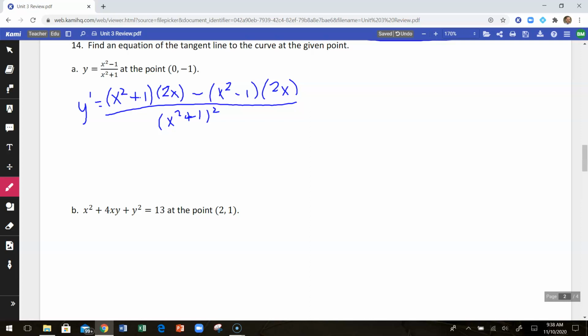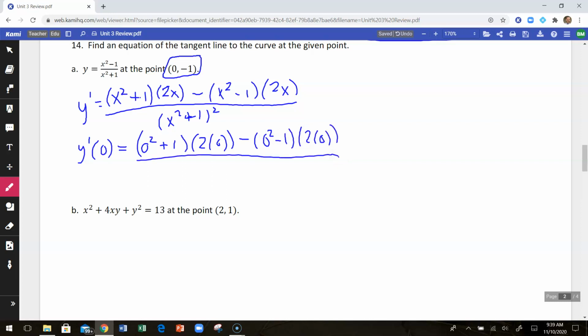But if we know we're looking at the point (0, -1), then we know we're going to use 0 for x. So I'm going to go ahead and actually plug that in to figure out what our slope is at 0. So I want to find y prime of 0. So that's going to be (0 squared plus 1) times 2 times 0 minus (0 squared minus 1) times 2 times 0, over (0 squared plus 1) squared.